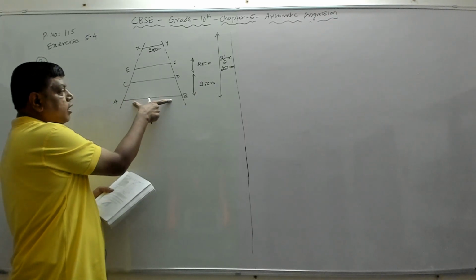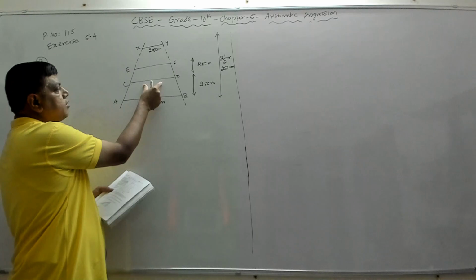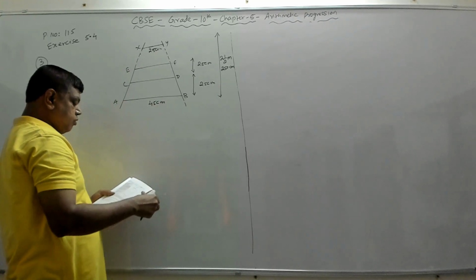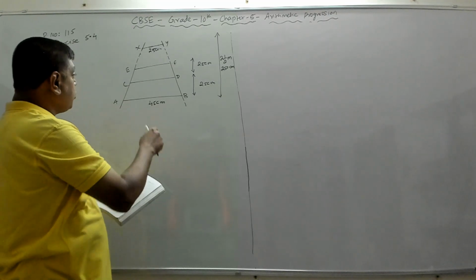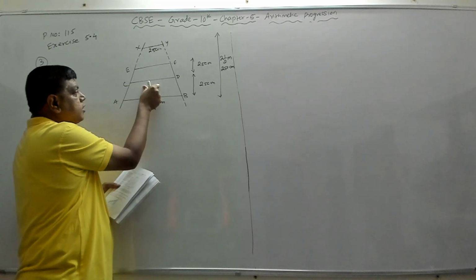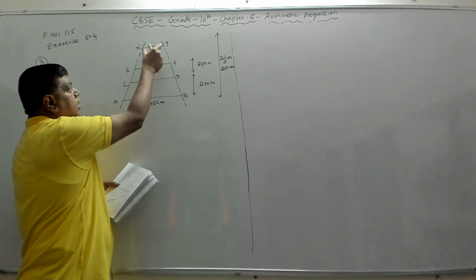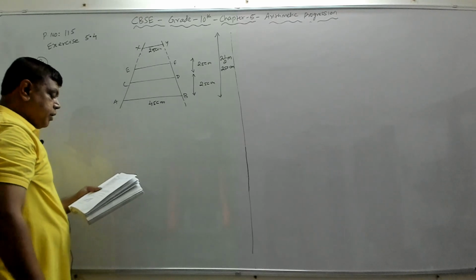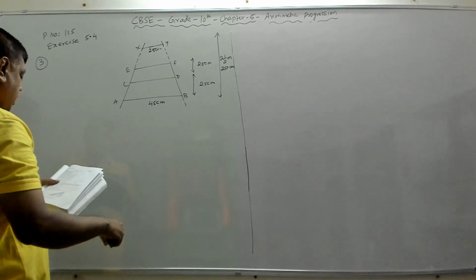So this is the length of the rung, then again it decreases, again it decreases. We don't know how much it is, but uniformly they are decreasing. The bottommost rung is 45 centimeter, then it reduces little by little, and finally the topmost rung is 25 centimeter. That is the length of the rung at the top.